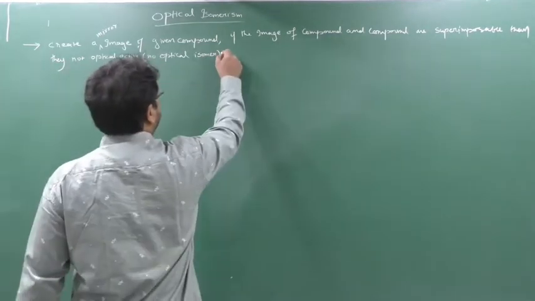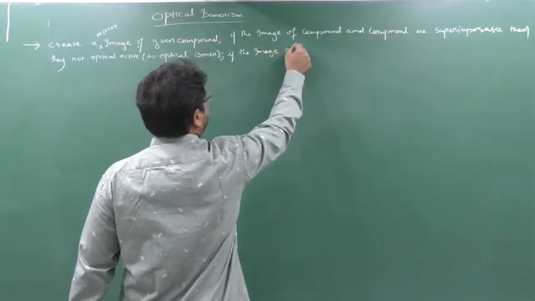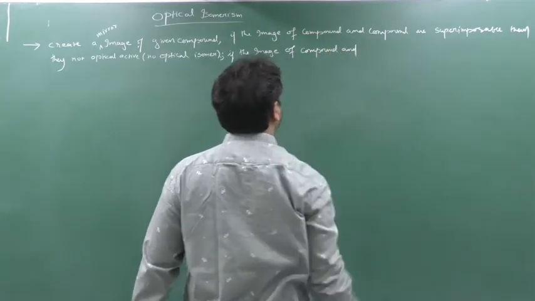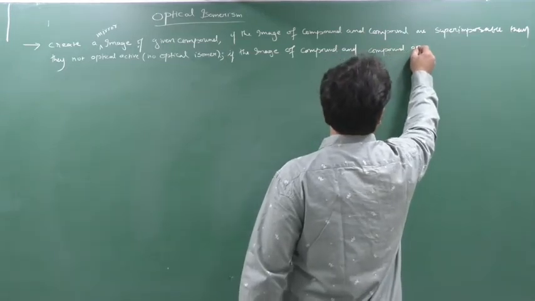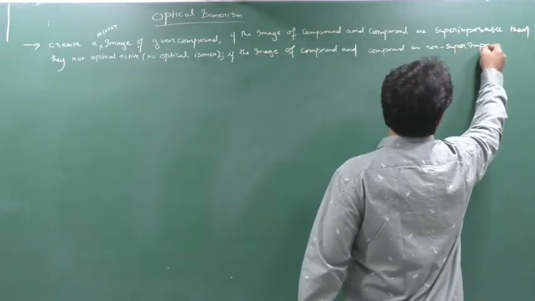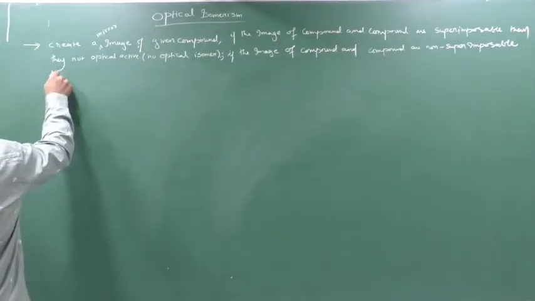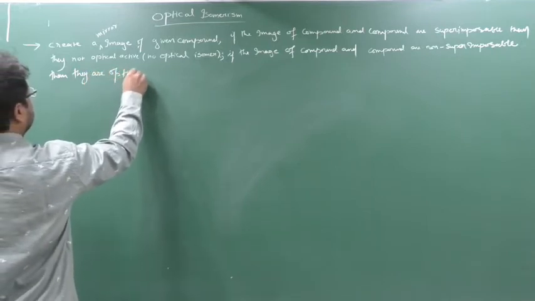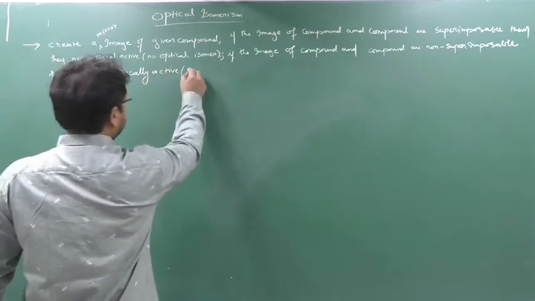If you go in the reverse direction, suppose the image of the compound and the compound itself are non-superimposable, then they are optically active, meaning optical isomers exist.